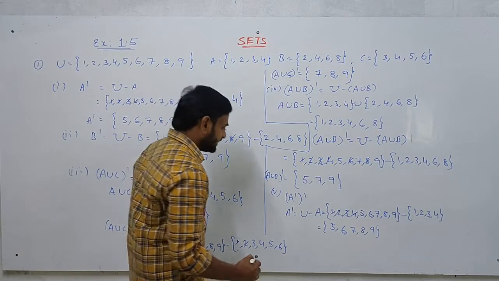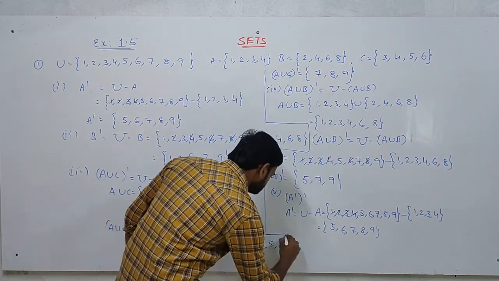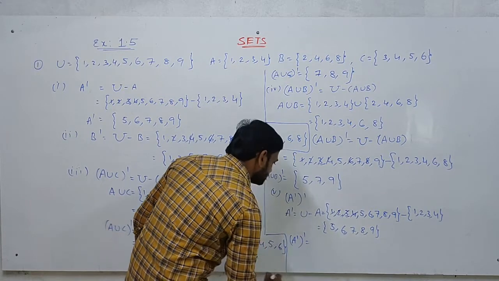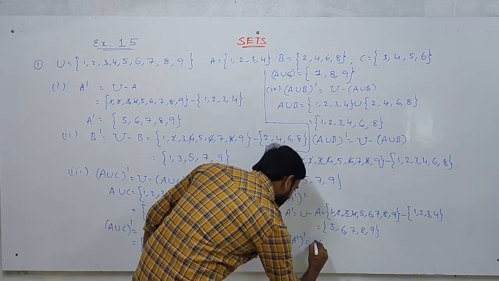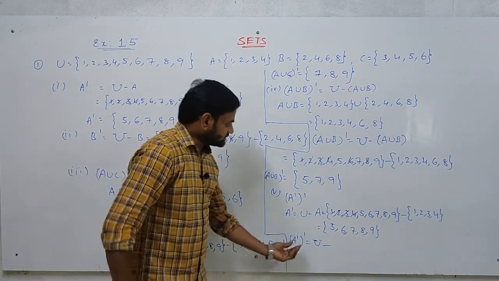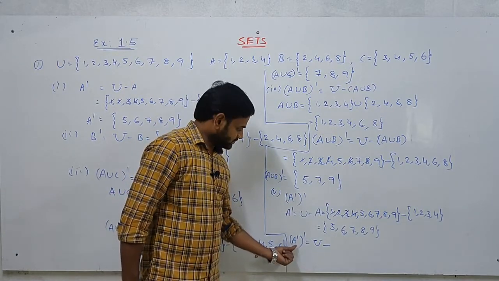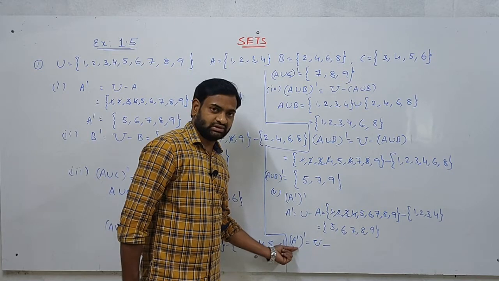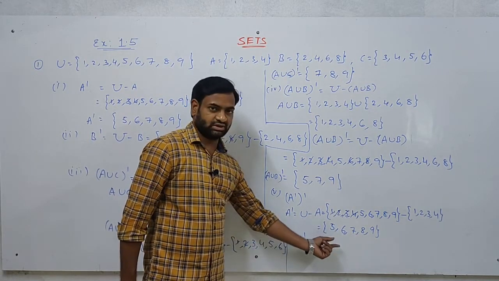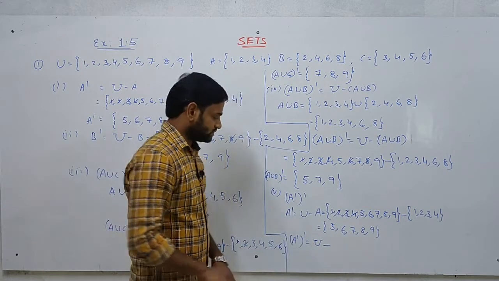Now what about the A dash whole dash? A dash whole dash, that is U minus. Just imagine this A dash is B. Now it is B dash. B dash means U minus B. B means A dash.